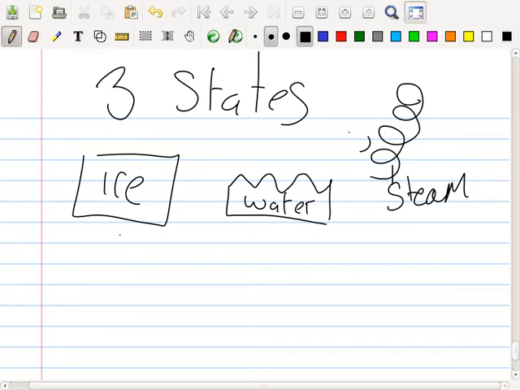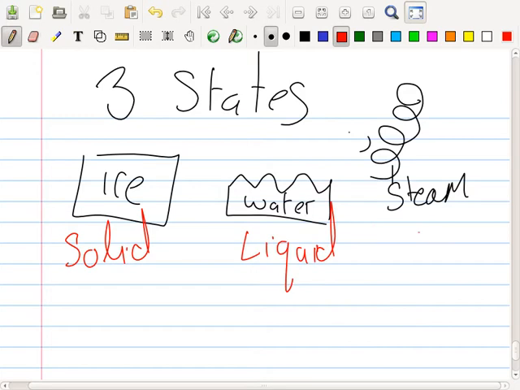Do we know what state ice is? Solid. And water, liquid. And steam, gas. They're the 3 states. So ice melts into water and then it turns into gas. Please write these words down.